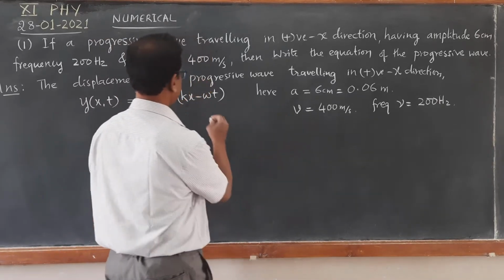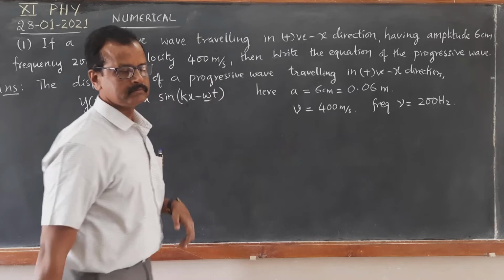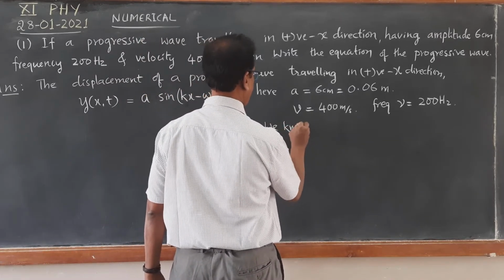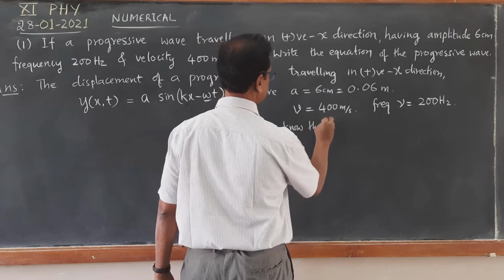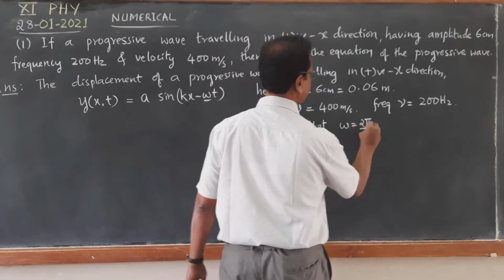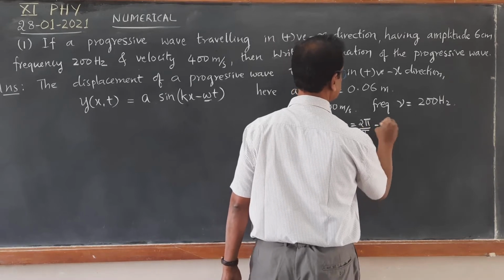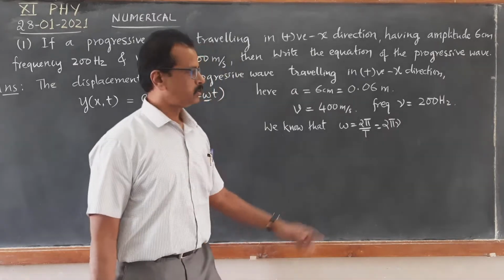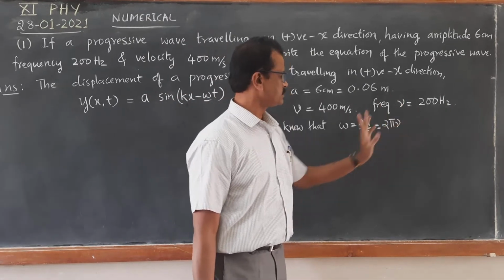First, we will write what is omega. We know that omega is equal to 2 pi by T, that is also equal to 2 pi nu. 2 pi into frequency gives us omega.